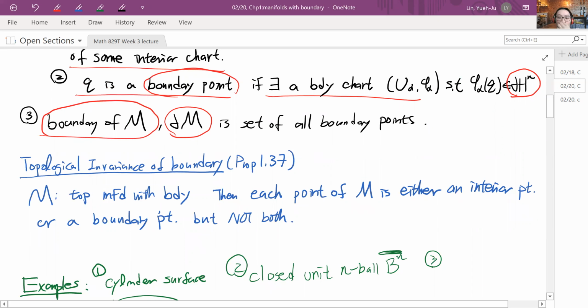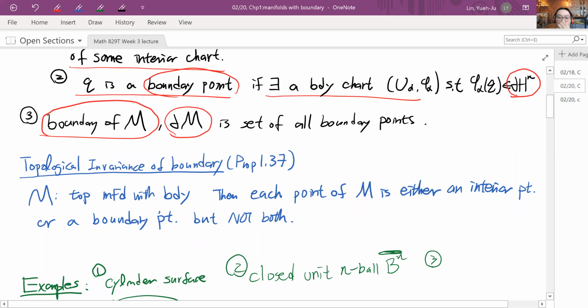Okay, so first of all, Proposition 1.38. This is something we already know from what we learned before in topology. If you collect all the possible interior points, we call that the interior of the manifold, and you can imagine the interior should be an open subset of the manifold.